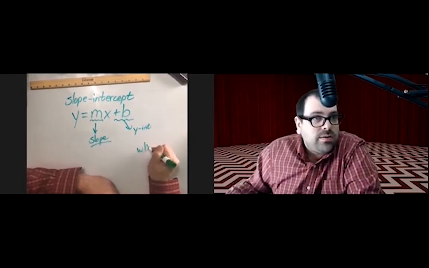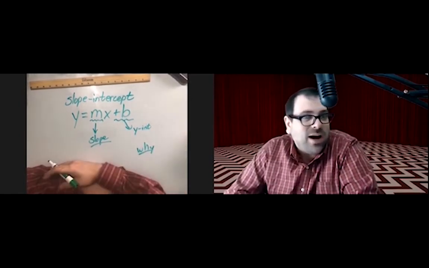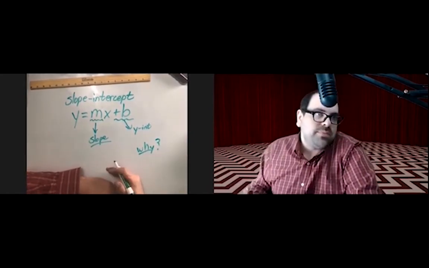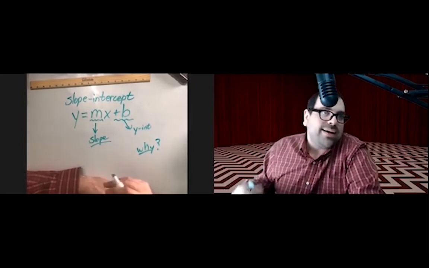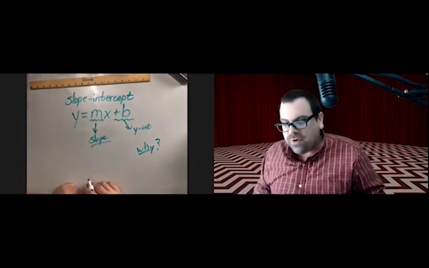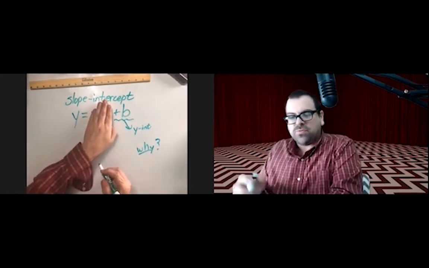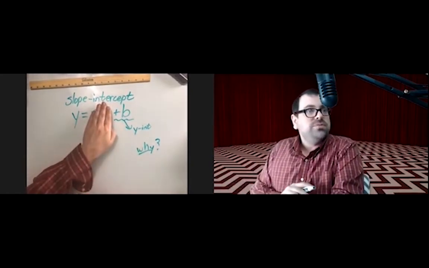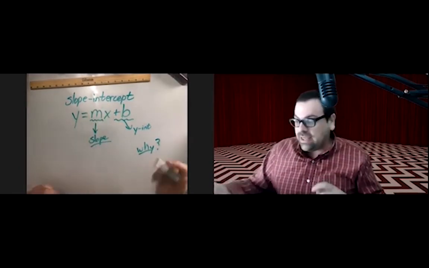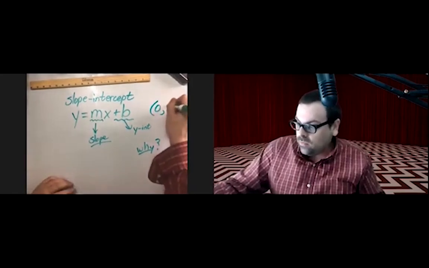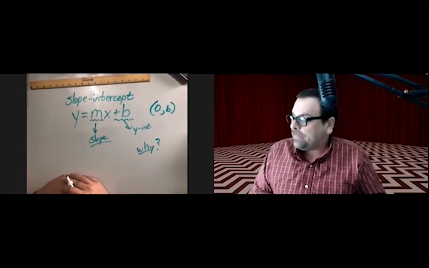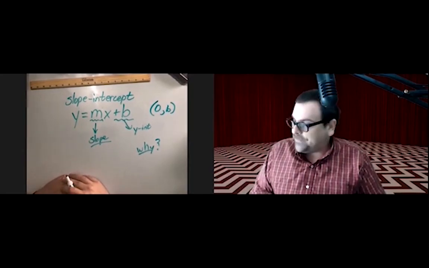Why? Well, what does it mean to be a y-intercept? It's the point where x is 0. If we plug 0 in for x, that goes away and we're just left with y equals b. So b is the y-intercept. It is the y value of the y-intercept.